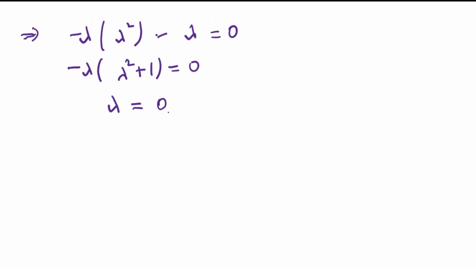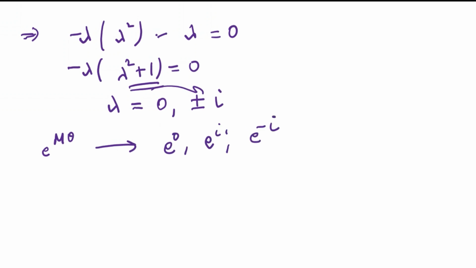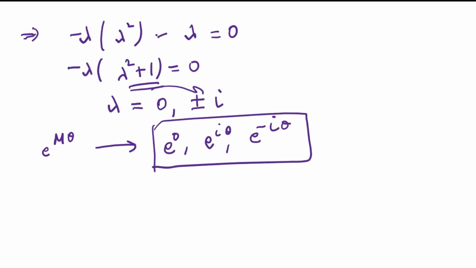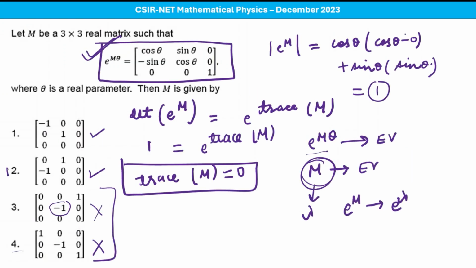So lambda will be 0 and plus minus iota from this equation. So the eigenvalues for e raised to power M theta will be e raised to power 0, e raised to power iota theta and e raised to power minus iota theta. So these are the eigenvalues we were looking for. So this should be the matrix M.